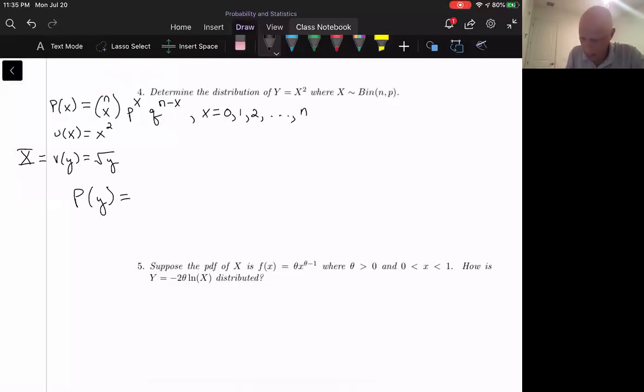All right, so I was saying now you take the PMF of the binomial, and wherever there's an x, you're subbing in your root y because that's what x is. So we have n choose root y, p to the root y times q to the n minus root y.